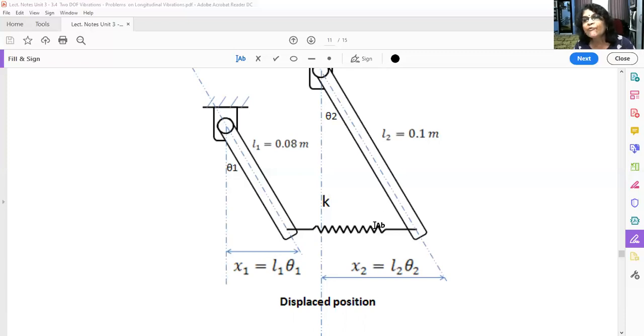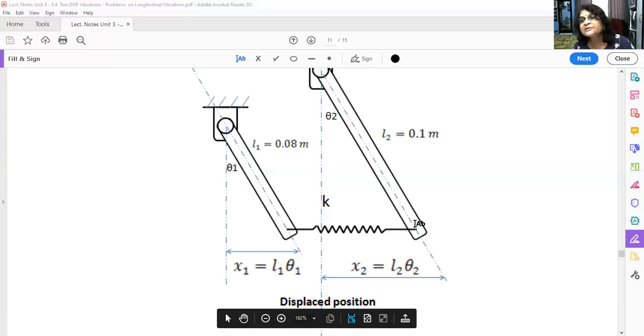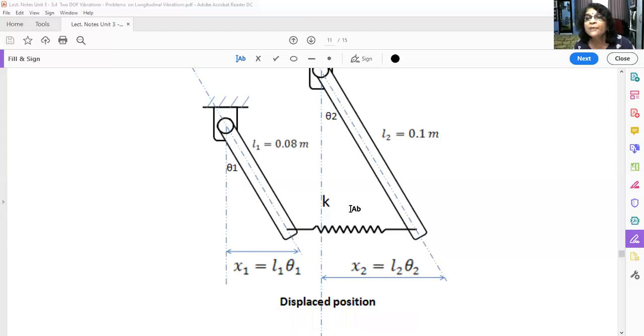Similarly here, the displacement of the spring with respect to this rod is x2 equal to L2 into θ2. But what is the effective resultant displacement of this spring? It is x2 minus x1 if you assume θ2 is greater than θ1, or x1 minus x2 if you assume θ1 is greater than θ2.